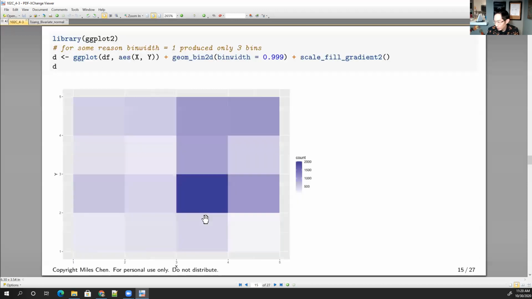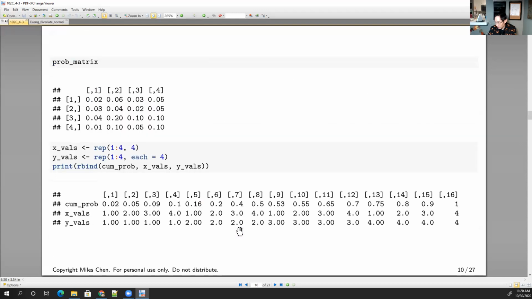And I created a plot with ggplot. I had a little bit of trouble doing this, but I think I got it. This should correspond to the same probabilities that we see in this table.